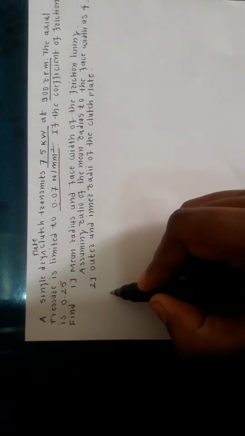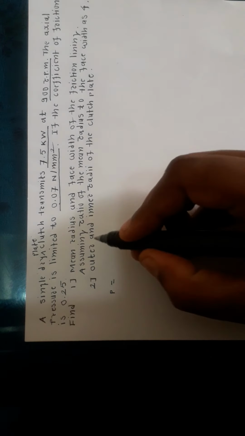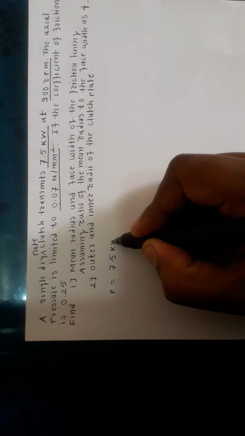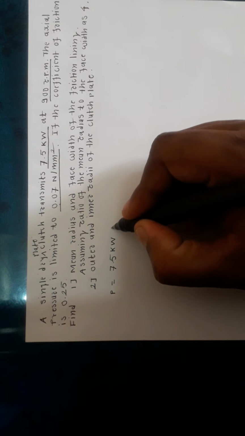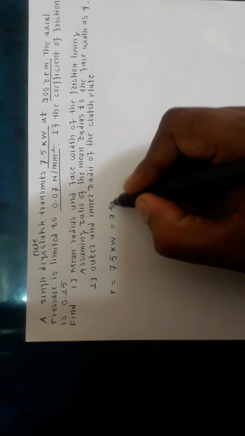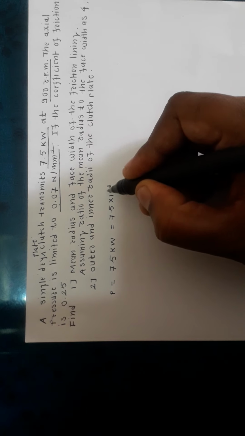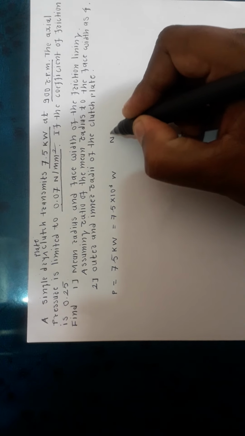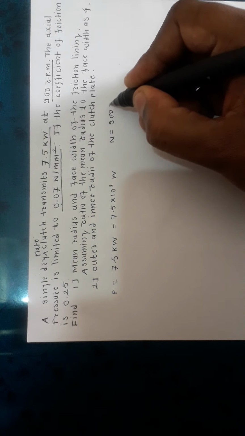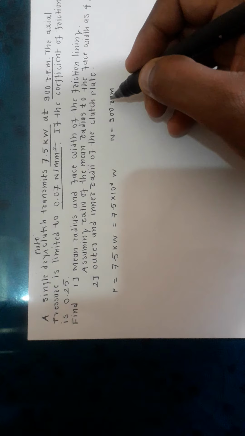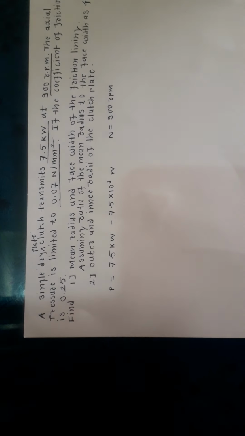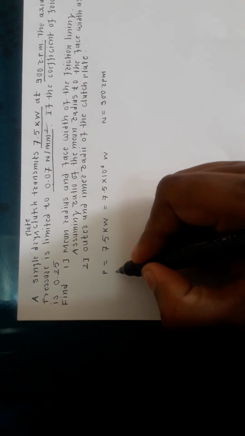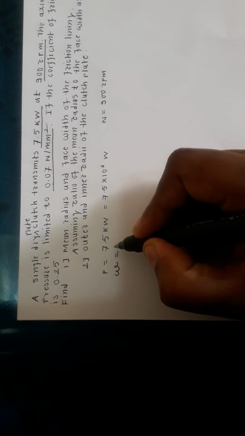So by this we know that the power rating is 7.5 kilowatt. So it means 7.5 into 10 to the power 3 watts. The RPM is 900 RPM. So by this we can calculate the value of omega.